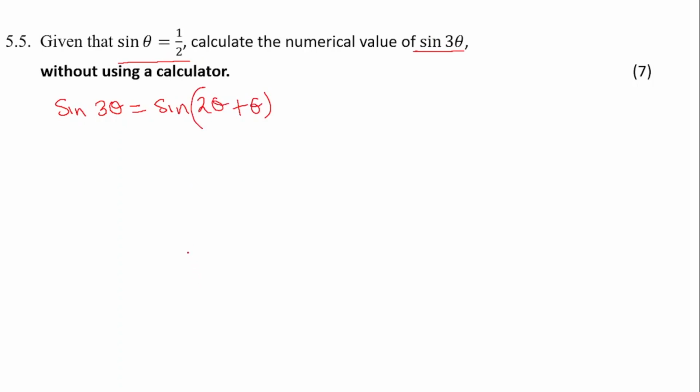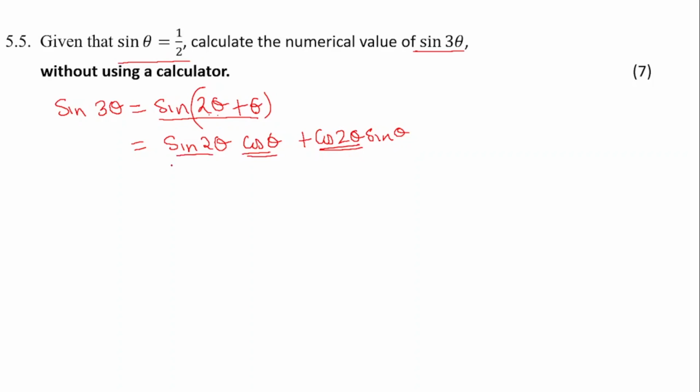Okay, right. Using our compound angle formula, this is just the same as sine 2 theta cos theta, then plus cos 2 theta sine theta. Now we have cos 2 theta here, we have cos theta there, so we have to eliminate those. Right, so what do we do?